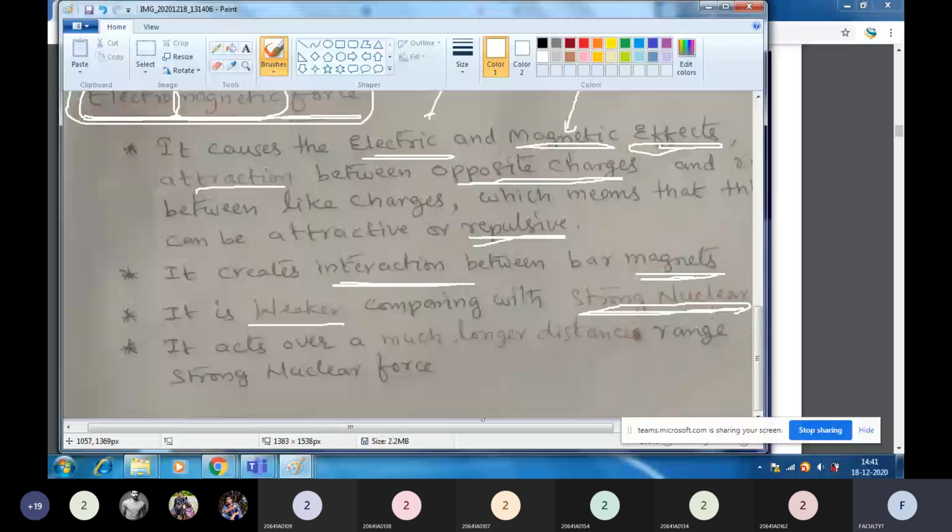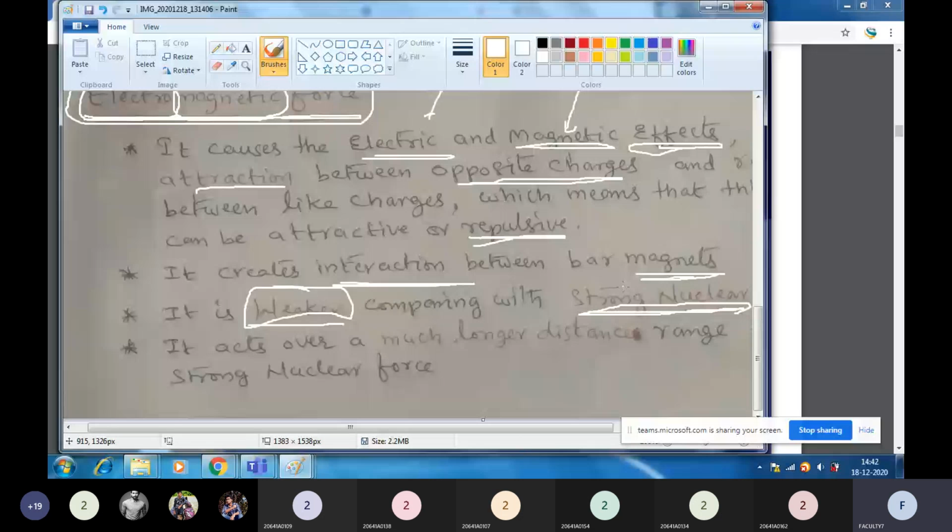That's why the nuclear force is considered the strongest force. So when compared with this strong nuclear force, the electromagnetic force is weaker.